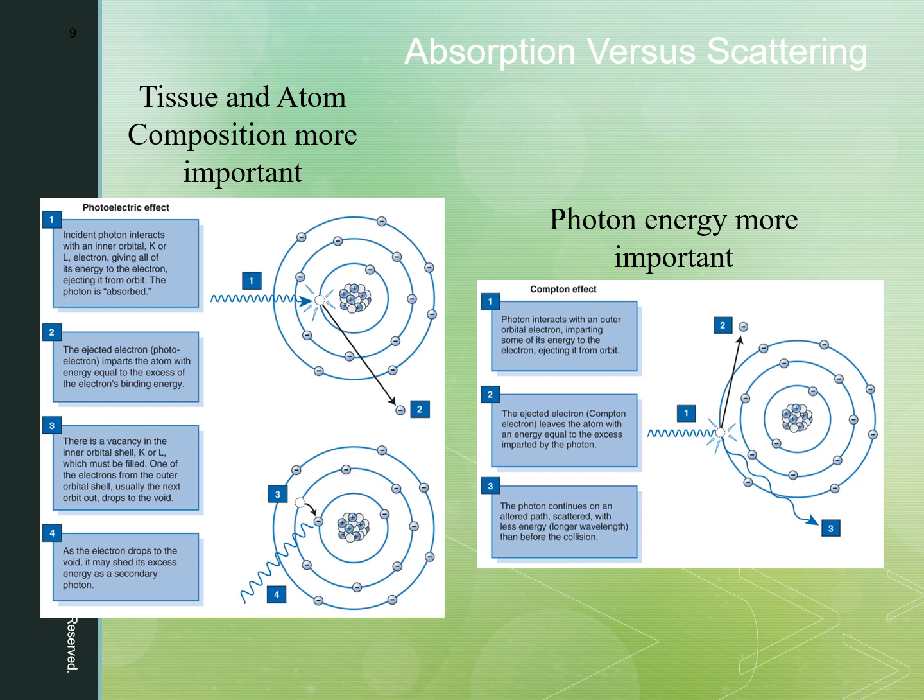The ejected electron, called the photoelectron, leaves with energy equal to the excess over the electron's binding energy. So if the binding energy of this particular atom was, for example, 50 keV, and my incoming photon had 100 keV of energy, that electron would exit with the 50 keV that was left over after the ejection process, which used 50 keV just to overcome the binding energy.